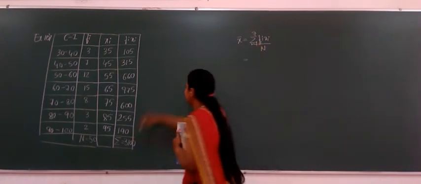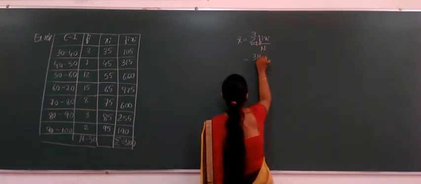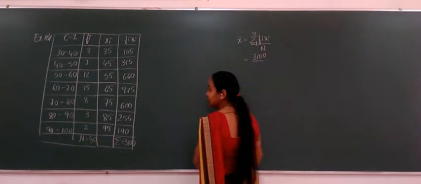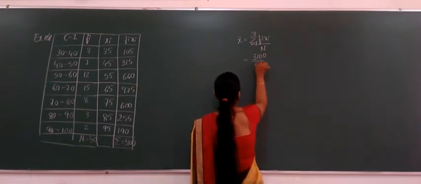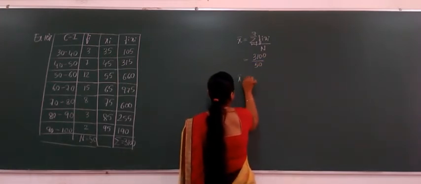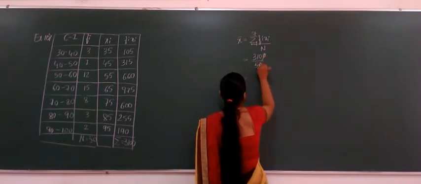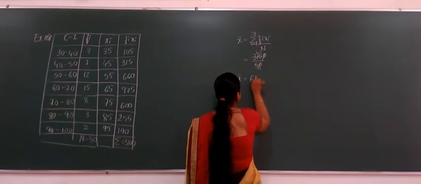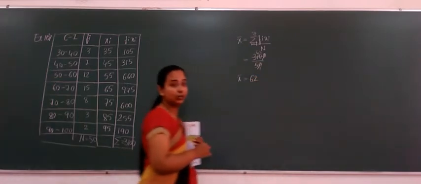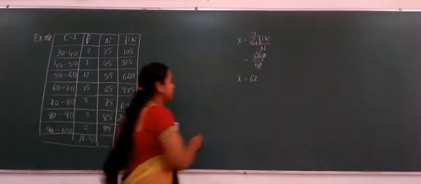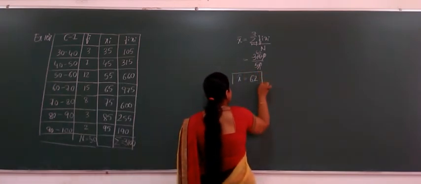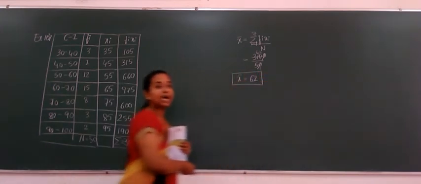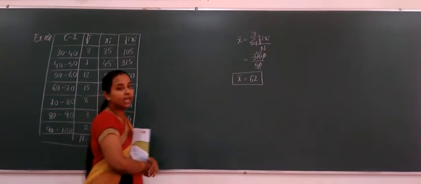Summation of Fi into Xi is 3100, and the total frequency is 50, already calculated and written. So the mean is 62. With this, the first answer is done: we were asked to calculate the mean, and we have calculated it.